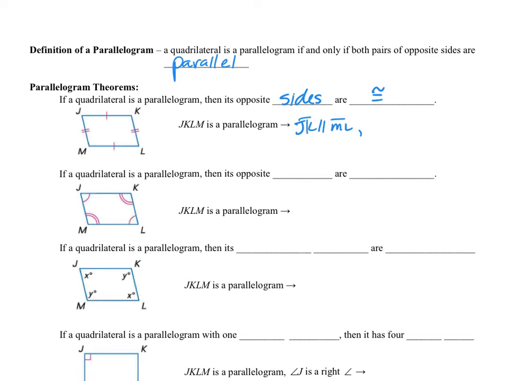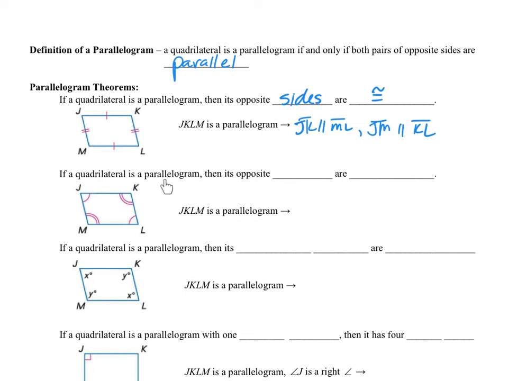And we also know that the other pair of sides, segment JM, is parallel to KL. I said KM a minute ago, sorry about that. Okay, our second theorem says the following.